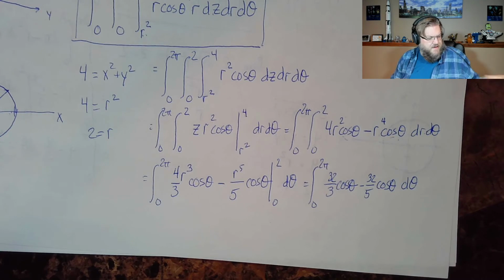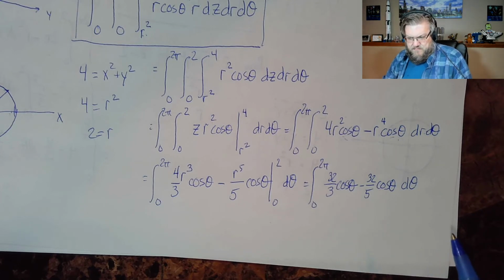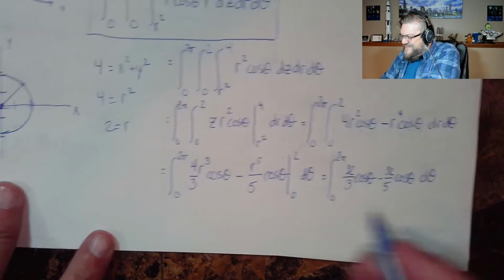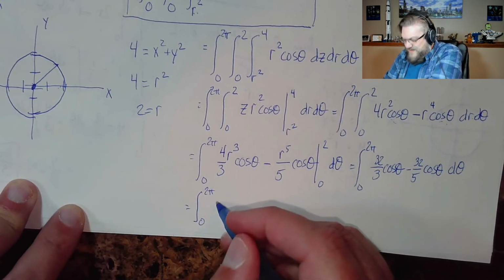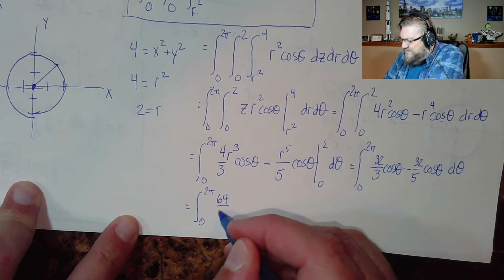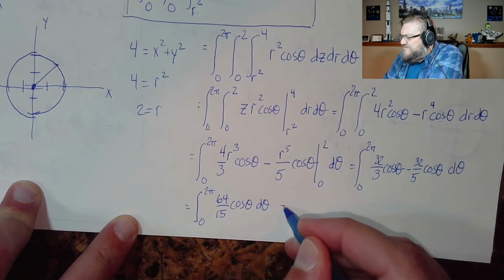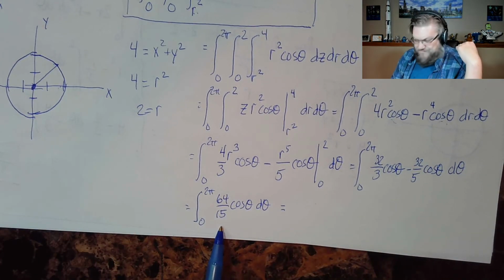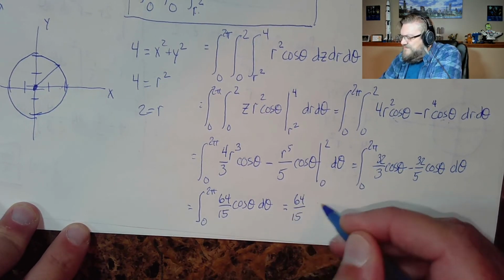Okay. So that's how many cosines I have. So I have 32 thirds minus 32 fifths for a fraction of 64 fifteenths. Ugh, but okay. All right, I guess. So this is going to be the integral from 0 to 2 pi of 64 fifteenths cosine of theta d theta. That's a constant that'll get pulled out in front, and now I am just integrating cosine.